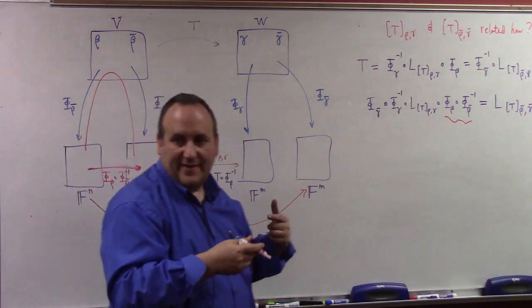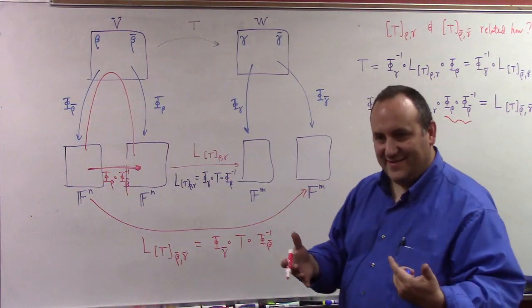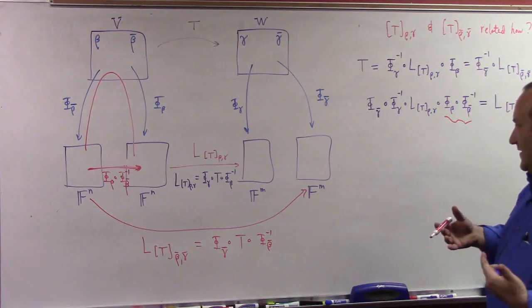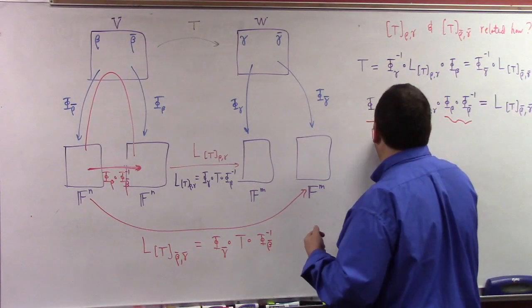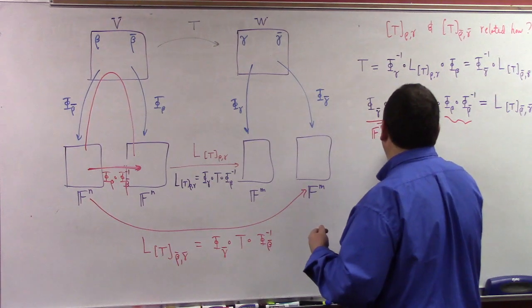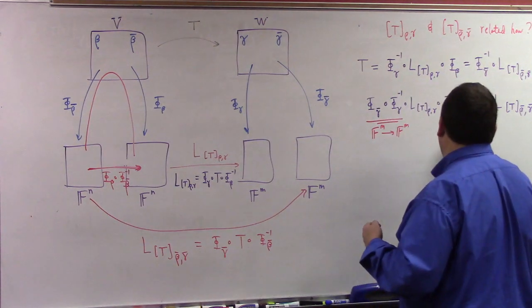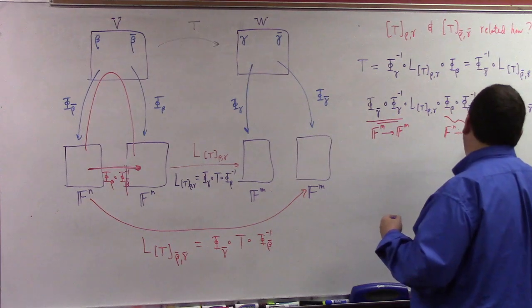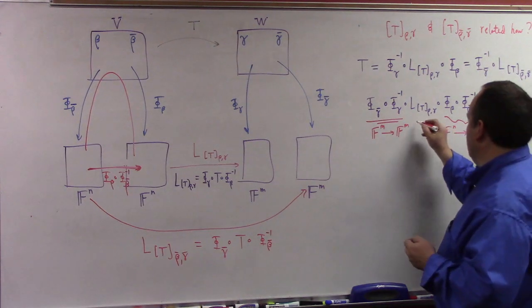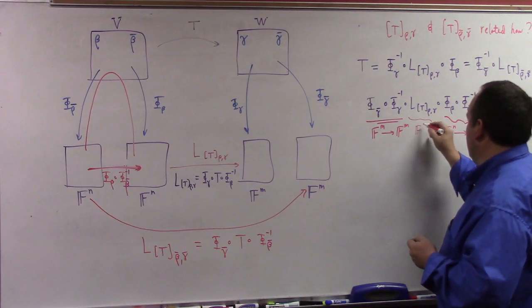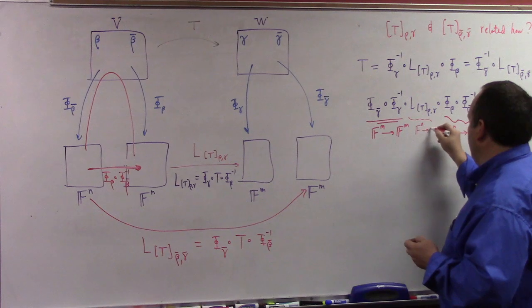But the point is, that is a mapping of column vectors. Likewise, this is actually from Fm to Fm. This is from Fn to Fn. And this is from Fn to Fm.